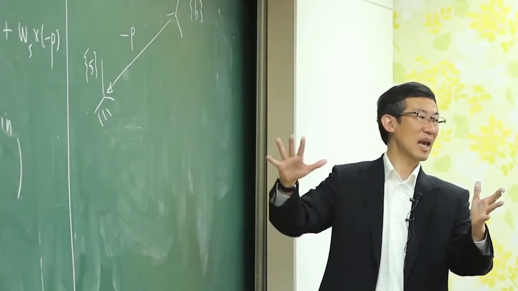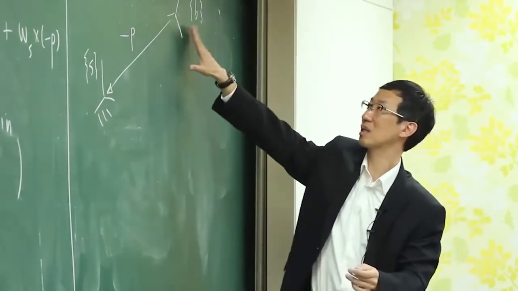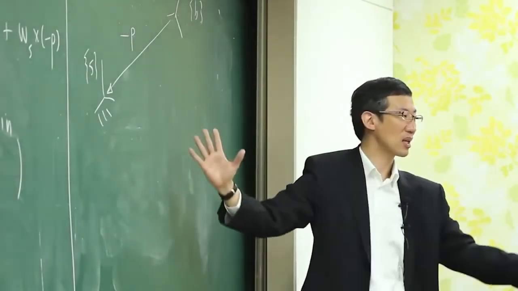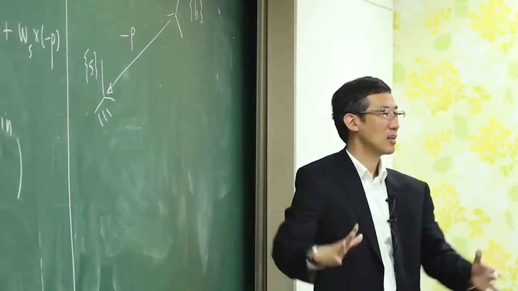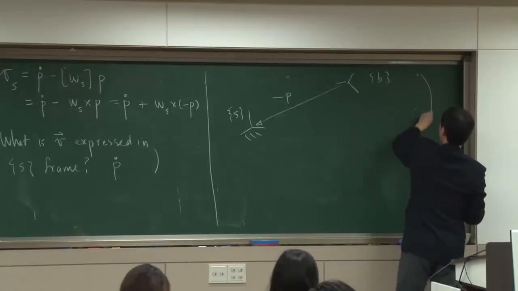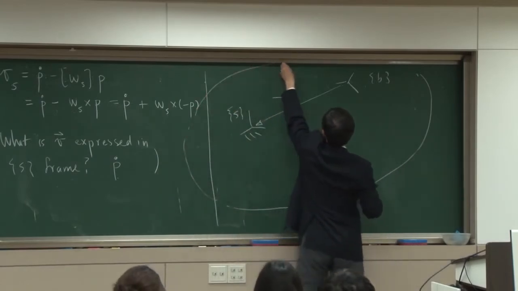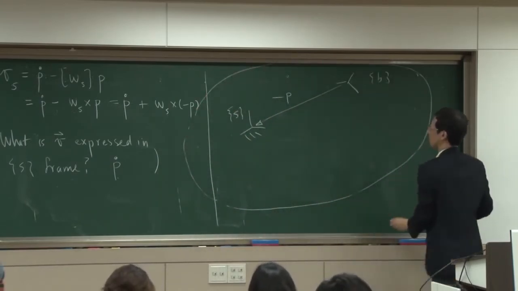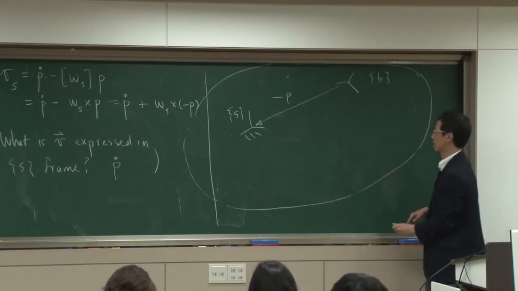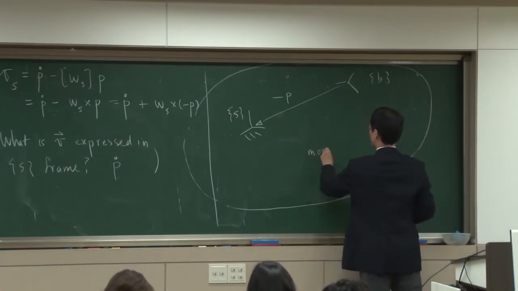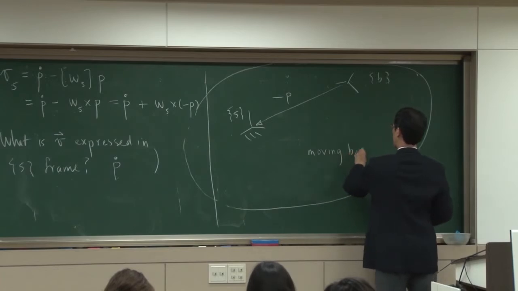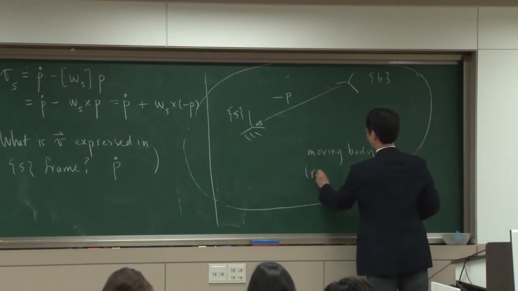Omega S is the angular velocity of this body. So this B frame is attached to some body. Let me draw a body. It's going to be a huge body. Here's the moving body, and it's really large.